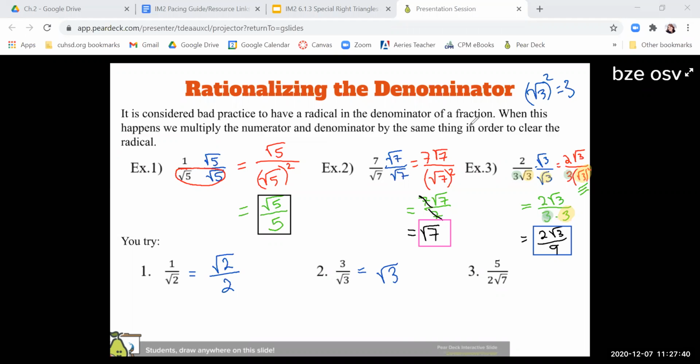And then finally, we multiply number 3 by root 7 over root 7, and that would give us a final expression of 5 root 7 over 2 times 7, which is 14. All right, so double check your work on that for those of you who did them.